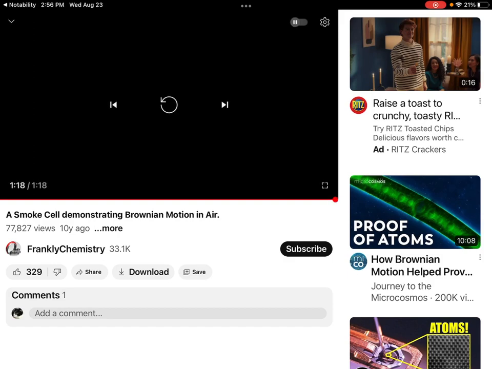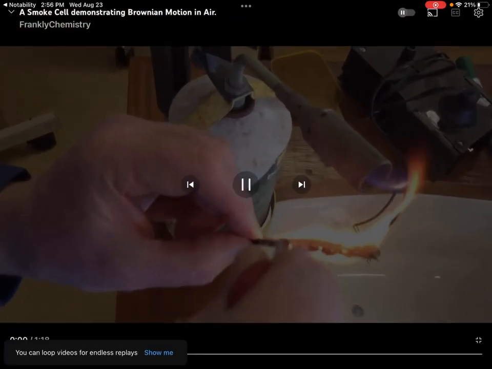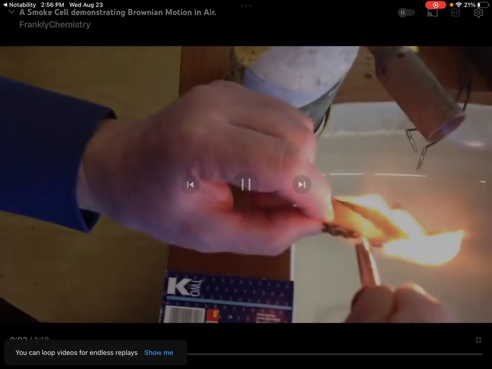So the video is demonstrating how smoke particles move in a stagnant air enclosure. You can see Liam here. He has set some corrugated cardboard on fire. Then he uses a magnifier to look at how the smoke particles move around randomly.